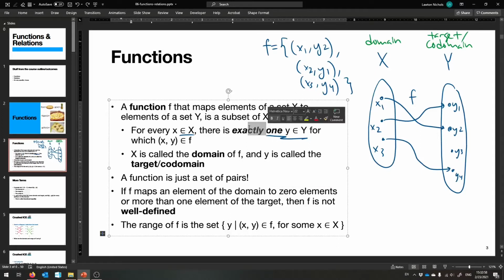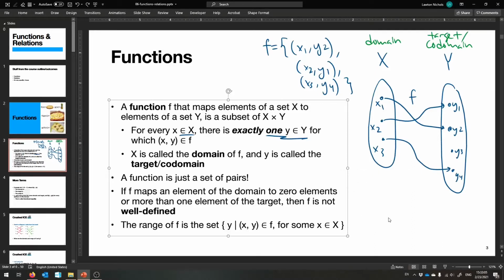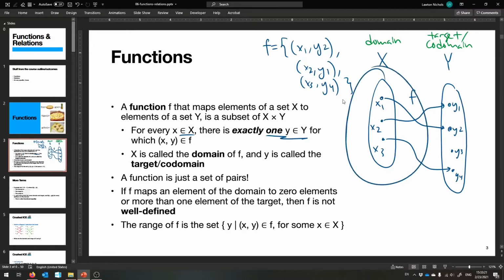So if there was an extra x and it was not mapped to a y, like if we had an x4 right here and it just wasn't part of the function, then it's not a function anymore. It has to take every element of the domain somewhere. You can't just miss an arrow. You don't have to hit everyone over here, but you have to take everyone over here. I hope that's making sense.